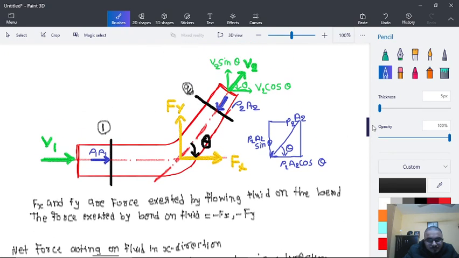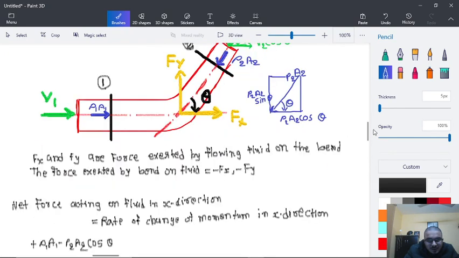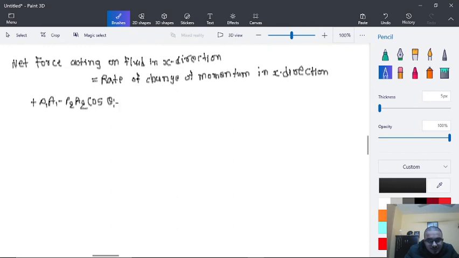And as I told you, the force exerted by the bend on the fluid is minus Fx in the x direction, so here it will be minus Fx.